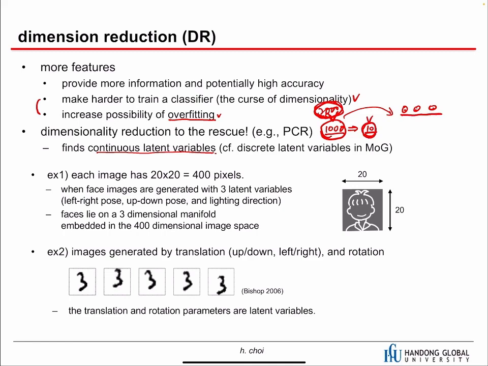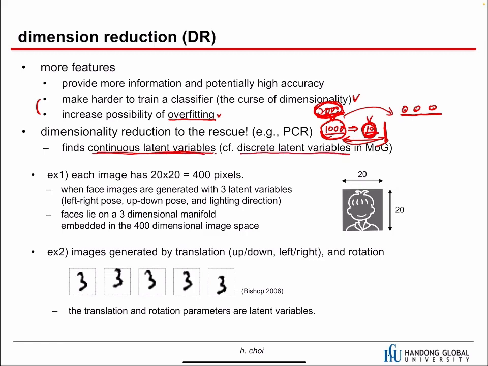But this one is a 10-dimensional space. From the 10-dimensional space, we have a vector, and this vector corresponds to one data sample in the 1,000-dimensional space. So 2,000 samples will be transformed into this 10-dimensional space. In the 1,000-dimensional space, we have 2,000 samples. In the 10-dimensional space, we have 2,000 samples. So dimension reduction is finding continuous latent variables, and clustering finds discrete latent variables.